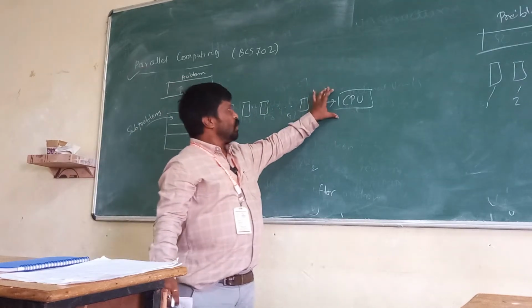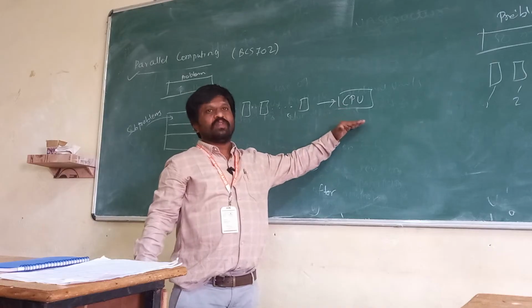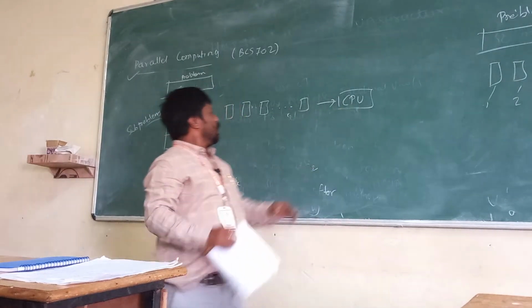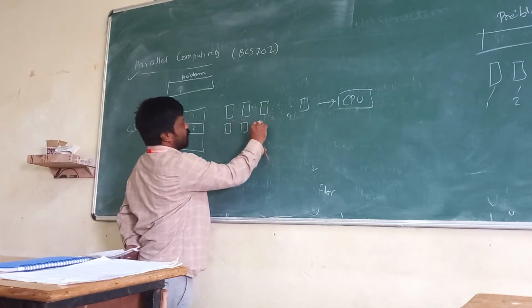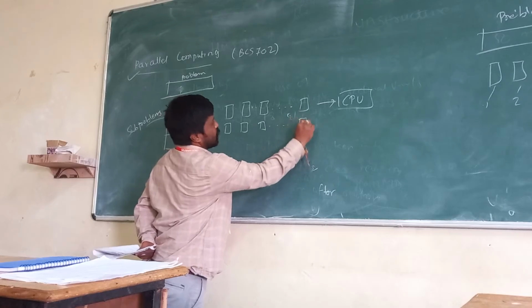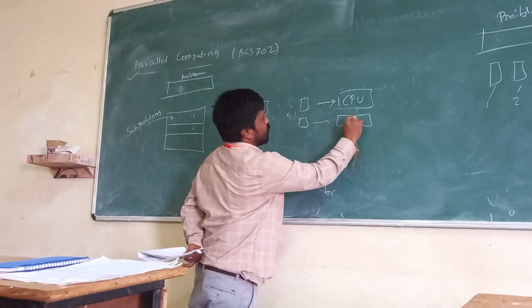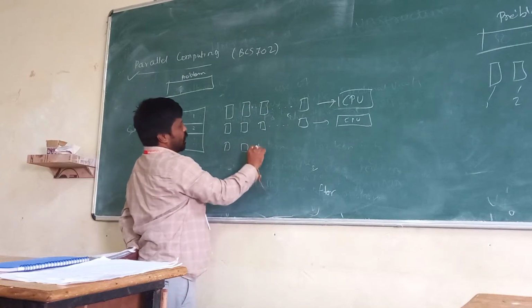Instead of taking separate CPUs, I'll be taking functional units like arithmetic logical units. Next, the second sub problem is also divided into a small number of instructions. This can be executed on the second CPU, and the third is also divided into a number of instructions.